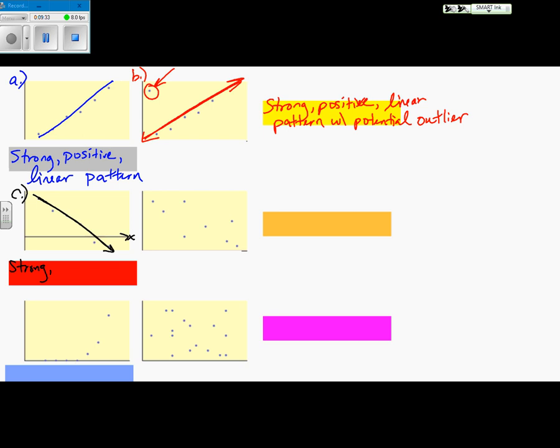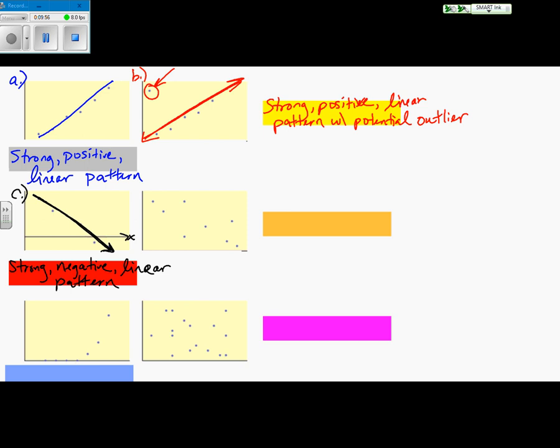So instead of being positive this time, it's going to be negative. And again, I can get that because the slope of this line would be negative. That's coming soon. We're going to be talking about slope and how to interpret it. It's still going to be linear because it lines up in a straight line. And that's the pattern. 3 words to describe all of these.